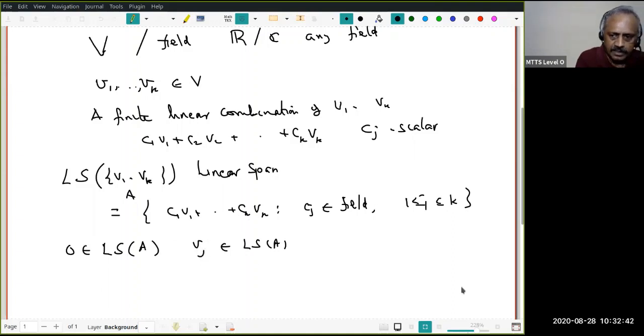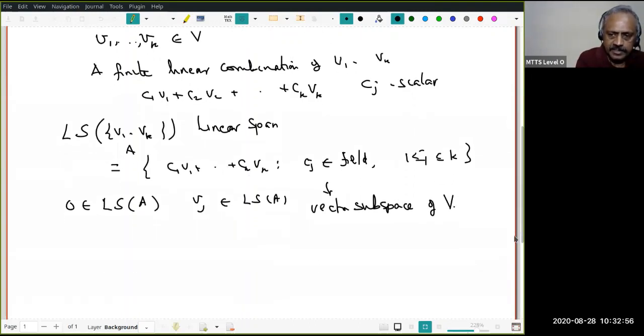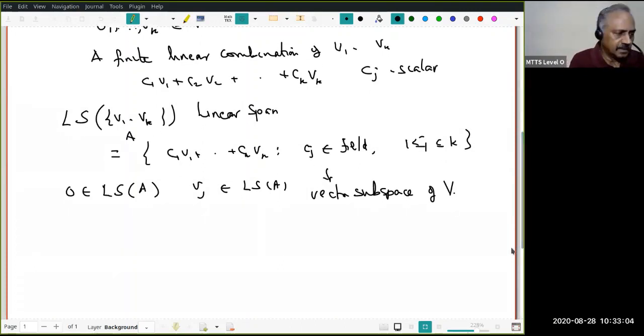It's also easy to check that this is a vector subspace of V. We had already seen it when we discussed linear dependence and independence, so I just quickly recall that. So this is what is meant by finite linear combination.